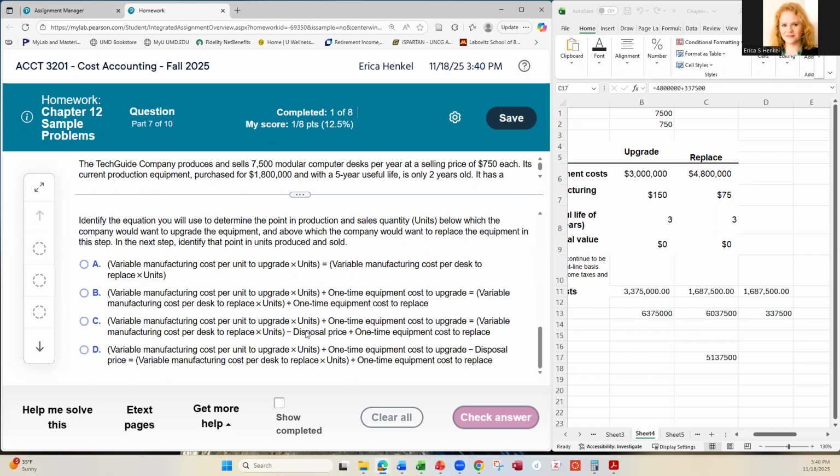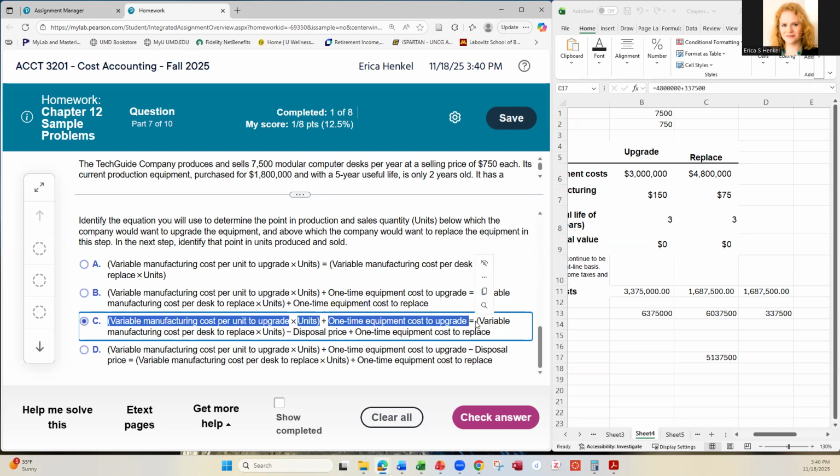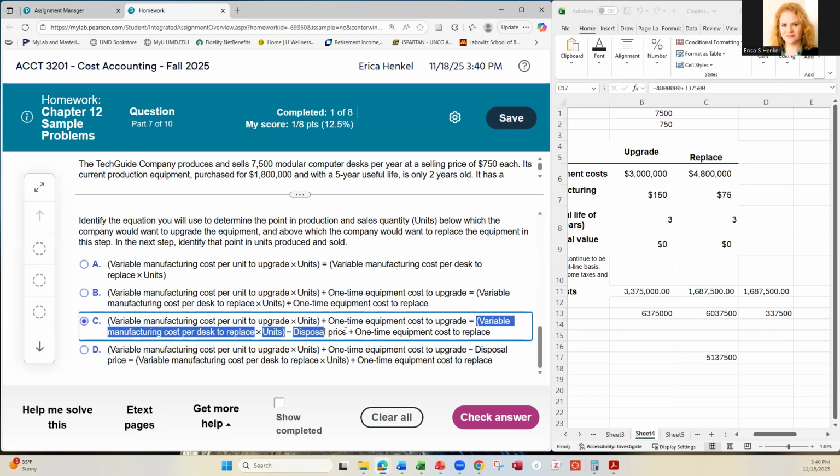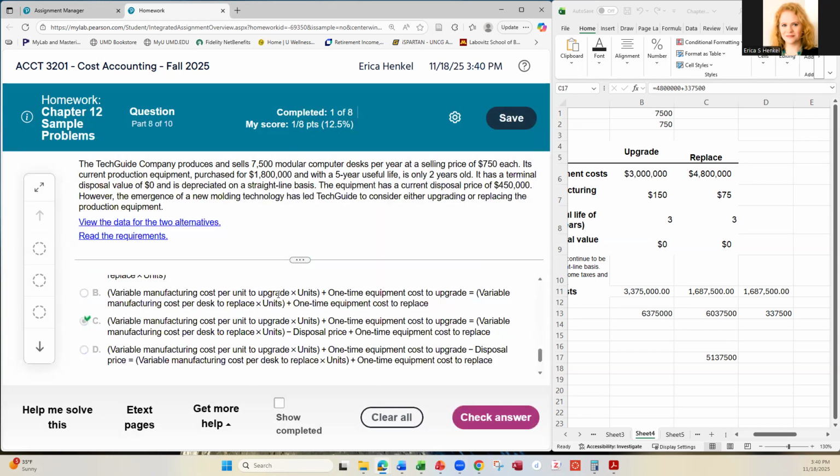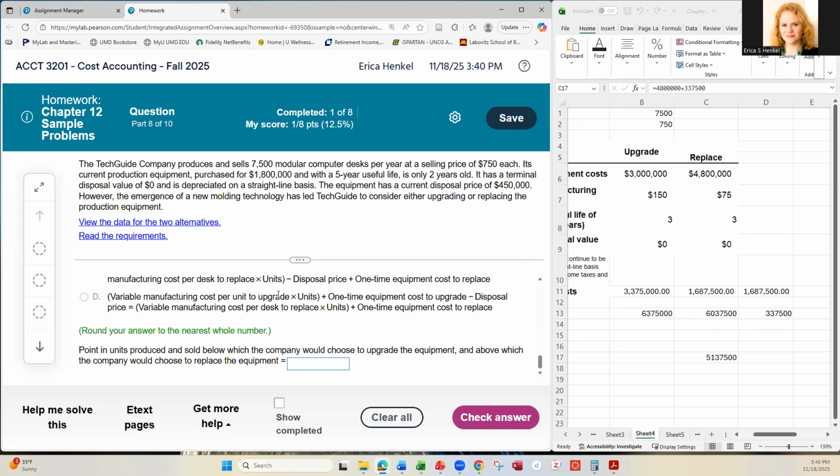This is equal to equal. Okay, yeah, so this option one here is from here to here. And then the replacing option is this amount. So we're finding the one where those are set to being equal. Okay, so how many units would make that?